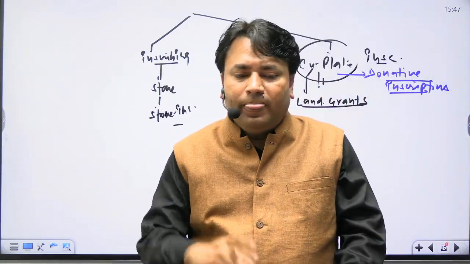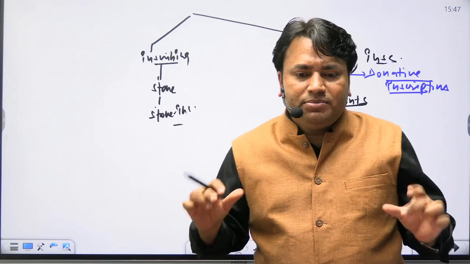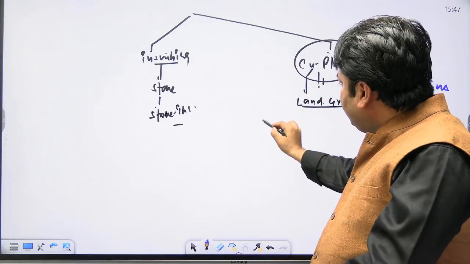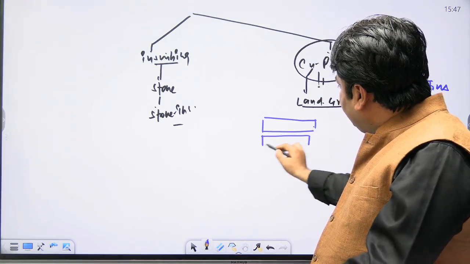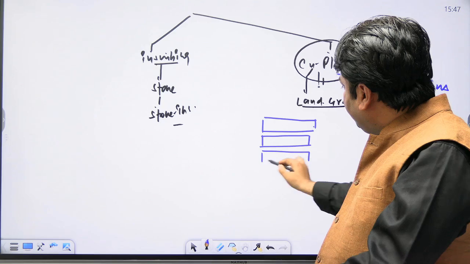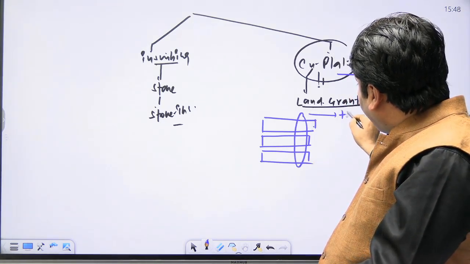Got it? Now, a very interesting feature. Generally in a copper plate inscription, we see that there were three pieces of copper. Suppose these are three pieces of copper. And they are tied with a very thin copper wire.